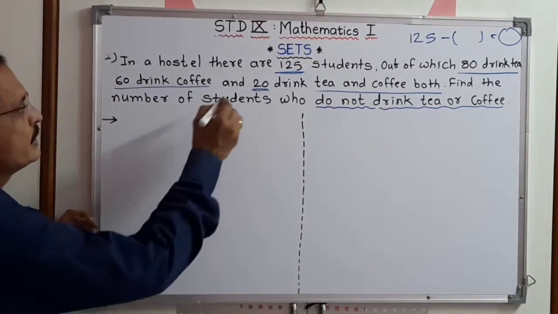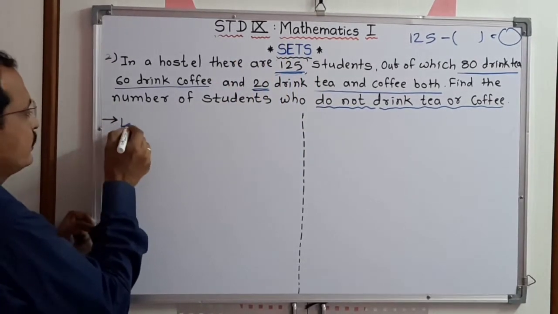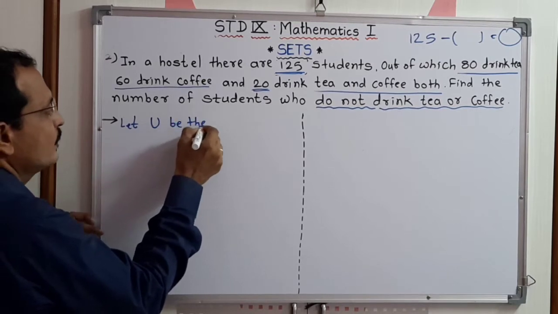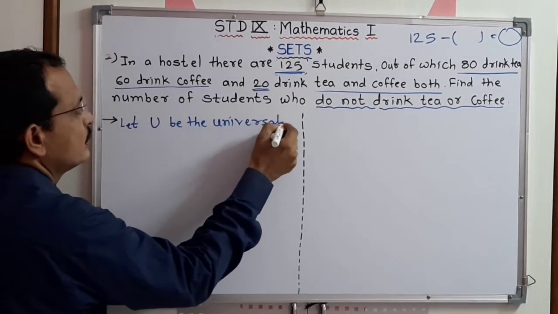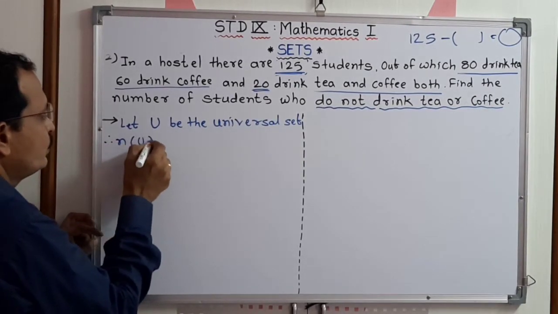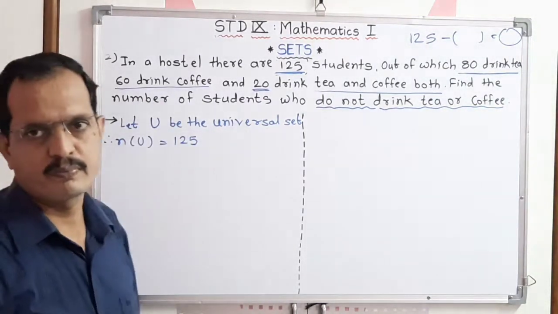For that purpose, this is the number of students. Therefore, let U be the universal set, and therefore number of U is equal to 125.